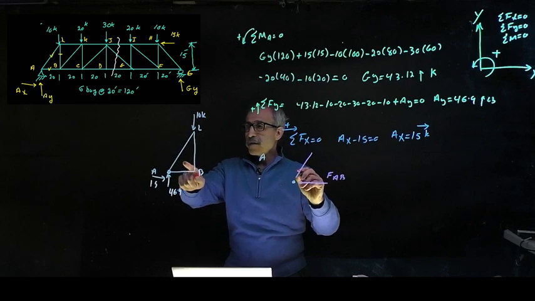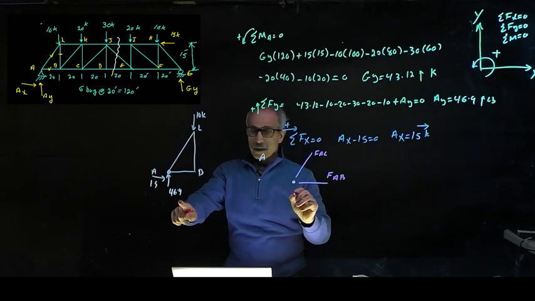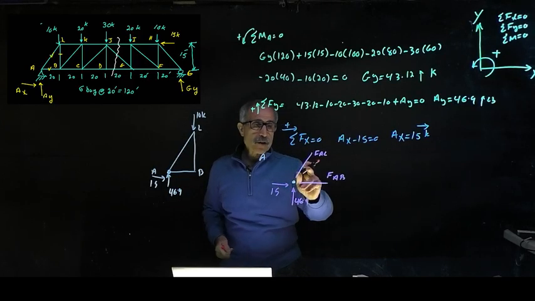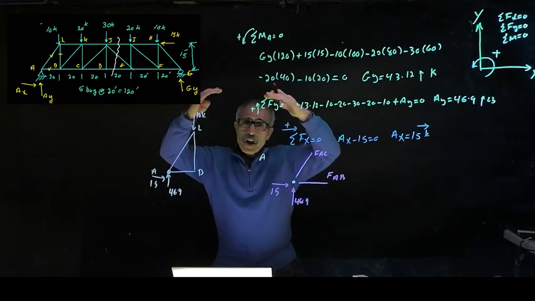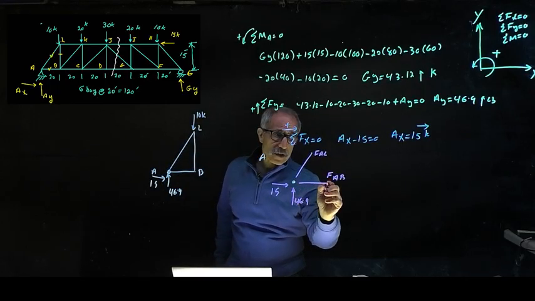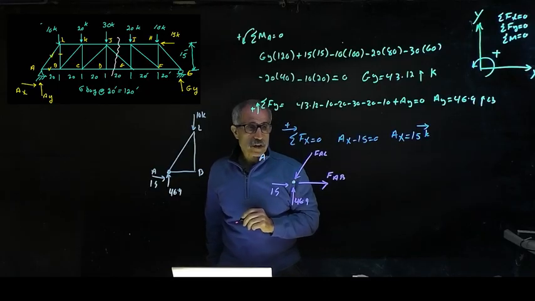And this is going to be F of AL. And then I have the reactions right here, which were 46.9 and 15. Okay? I don't know if this is tension or compression. I always say top is in compression, bottom is in tension. So if a member is in tension, that means it's going away. If it is in compression, that means it's coming into the joint. So let's just leave it like that.